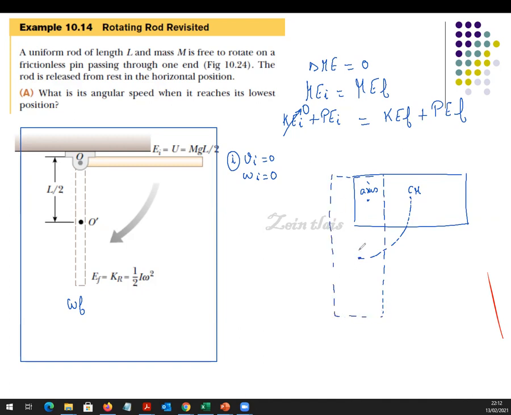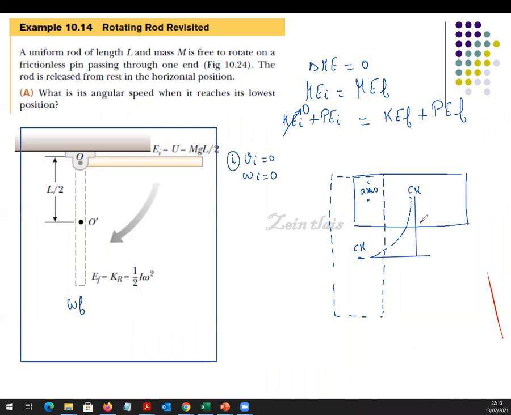The potential energy will be between the initial position of the center of mass and the final position, so the height will be h.